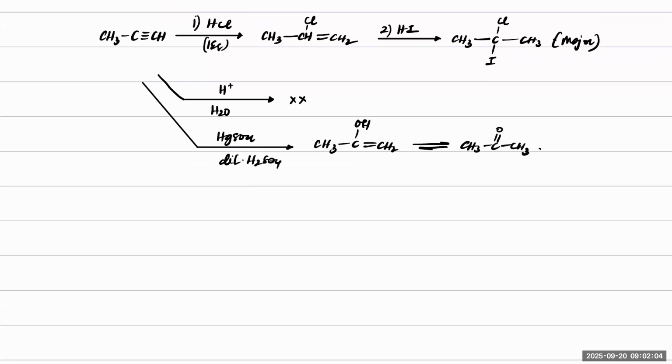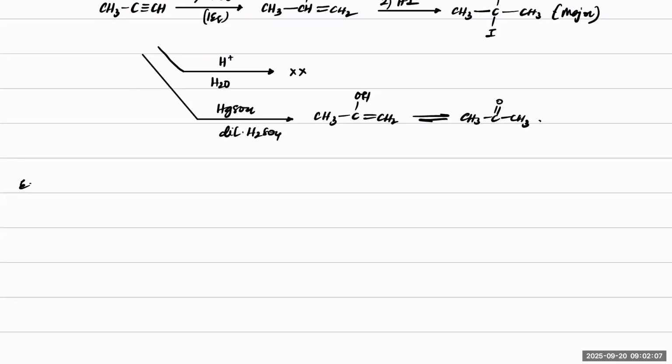The next example is of non-classical carbocations. Suppose you have a double bond here and you are treating it with Br2, sorry, Br2 in CCl4 solvent.